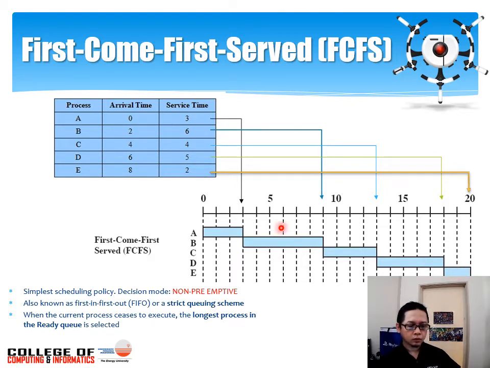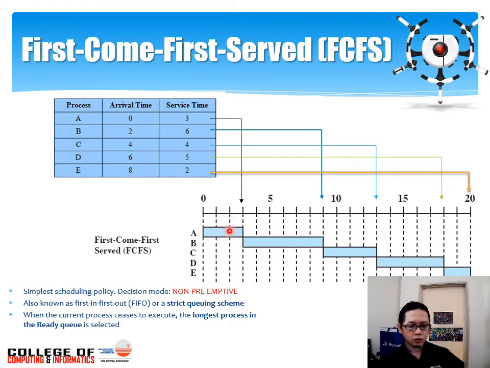Alright, so the execution method for first come first serve is that each time a process arrives, it gets the priority to execute, because it is first to arrive. In this case, A gets the first priority because A arrived first.